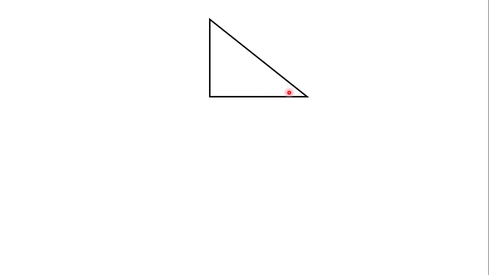If the angle is positioned here, then this side is the opposite, because that is the side facing the angle. And this side is the adjacent, because that is the side the angle is resting on, the side adjoining the angle.